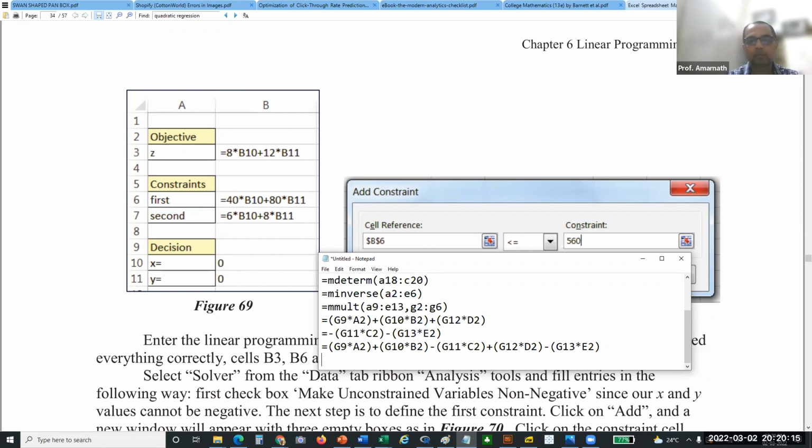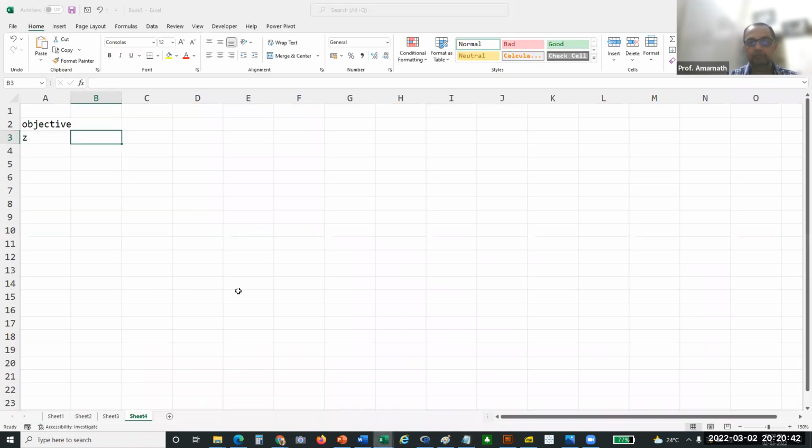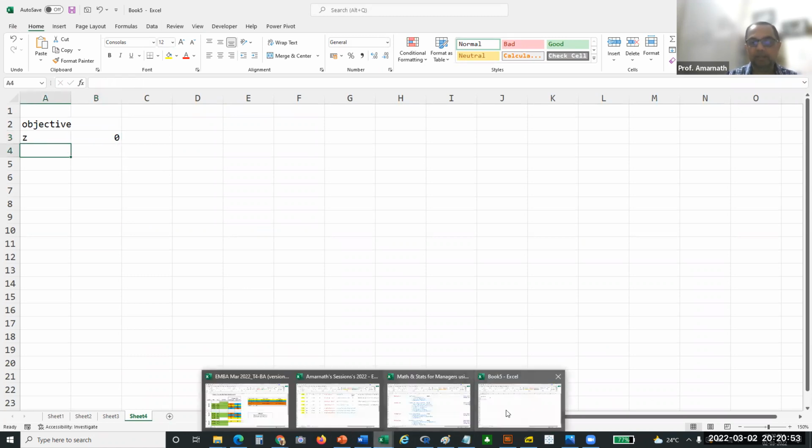Okay, put it equal to 8 multiplied by B10 plus 12 multiplied by B11. If I put this, error will come in. Okay, now 0, fine. Good. So I should get values for that thing.